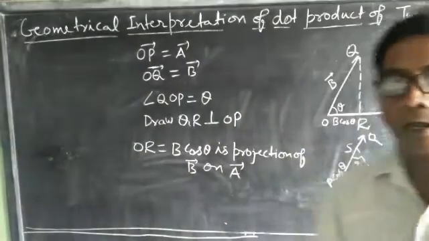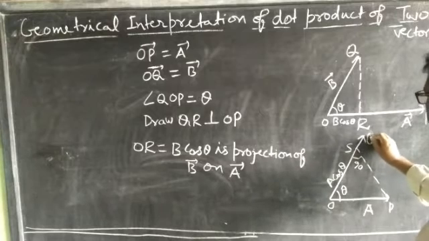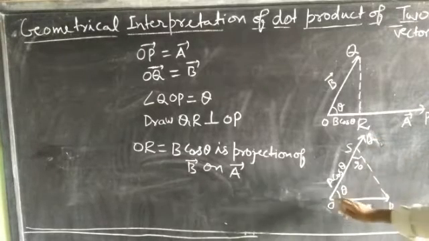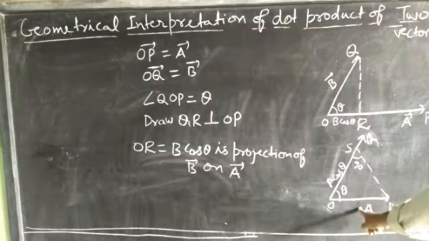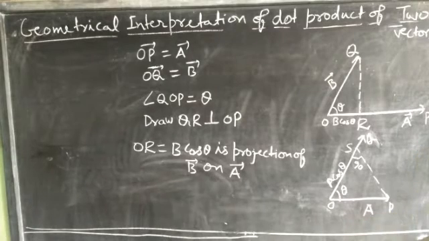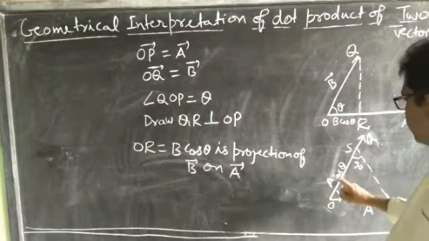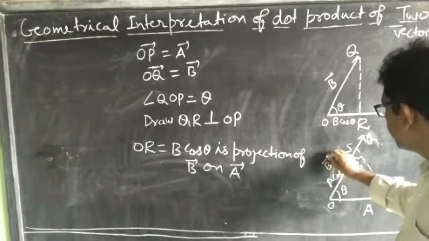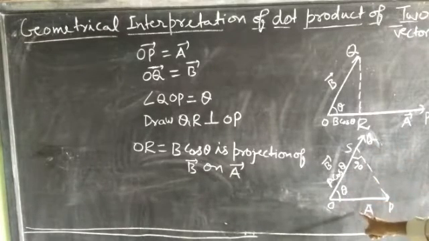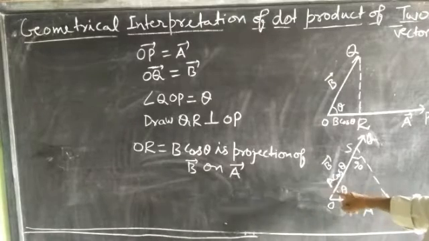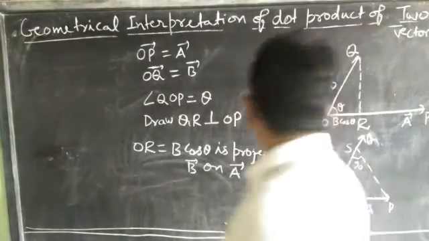Similarly, draw PS perpendicular to OQ. Then the projection of A onto B. This is vector B, OQ represents vector B. Then the projection of vector A on vector B is A cos theta.